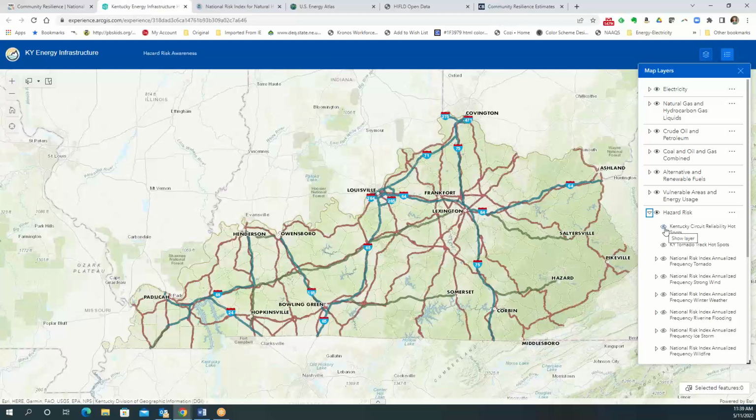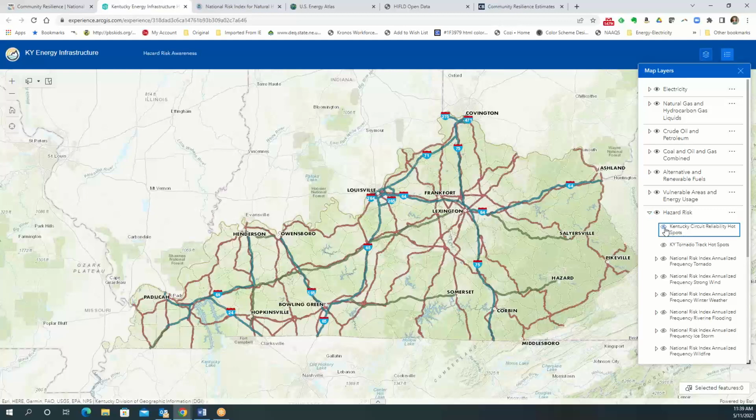When we look at our reliability, what I call hotspots, that by no means indicates that we have low reliability of our electricity system across the state. It just means we have areas of the state where they may have increased occurrences of outages, that's above maybe the average for that particular area or those circuits.